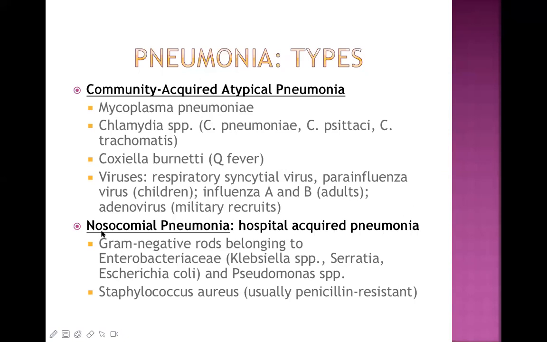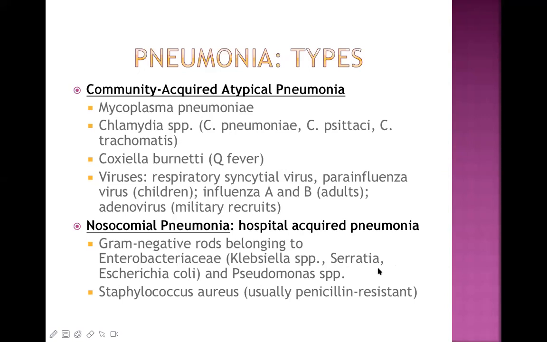Now the third classification is nosocomial pneumonia. Nosocomial means hospital acquired. The patient was not having pneumonia at the time of hospital admission, but somehow this patient develops pneumonia inside the hospital. This is called nosocomial pneumonia, and usually very virulent or very complicated organisms are responsible, like gram-negative rods or bacteria which belong to the Enterobacteriaceae family, like Klebsiella, E. coli, Pseudomonas, Serratia.